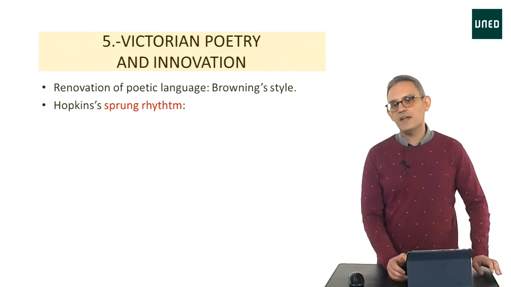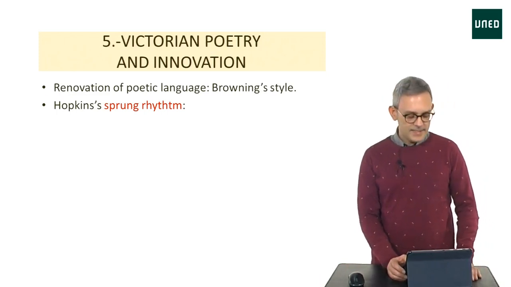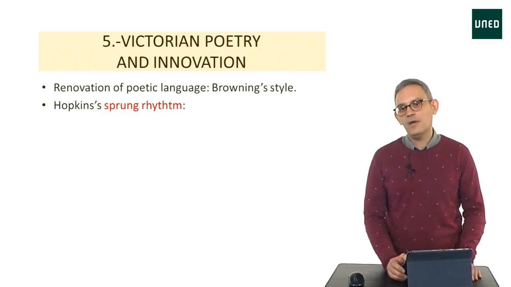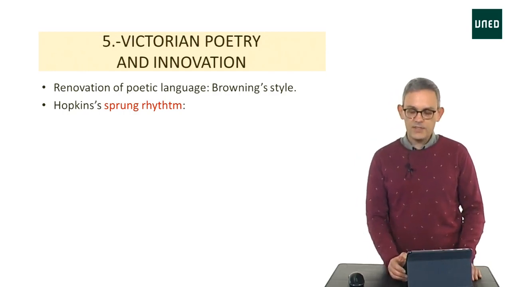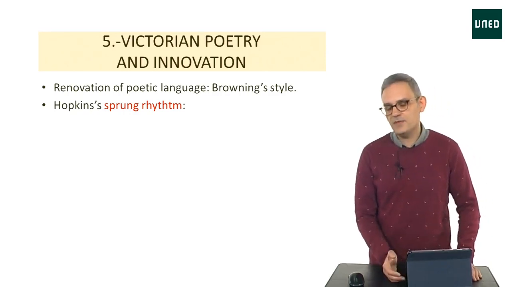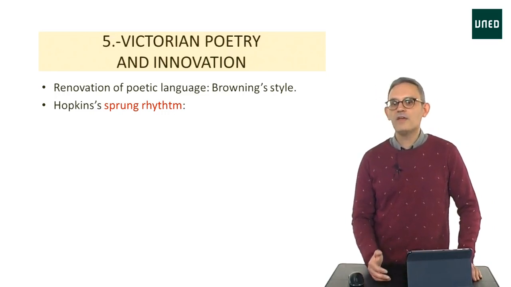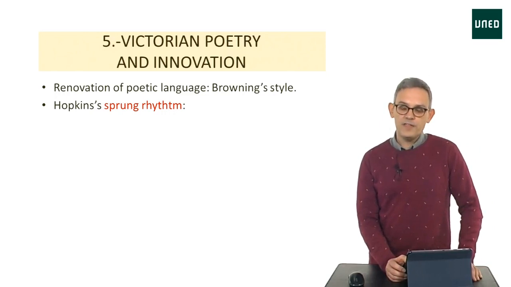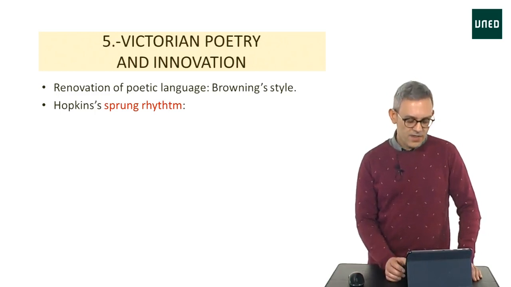Sprung rhythm was an alternative to accentual syllabic verse, prevailing in the post-Renaissance tradition of English poetry, and represented by contemporary Victorian poets like Tennyson. Hopkins found these patterns constraining as well as unnatural, and he came up with a different rhythm, the sprung rhythm.